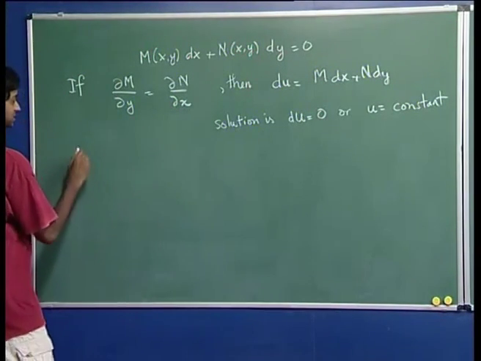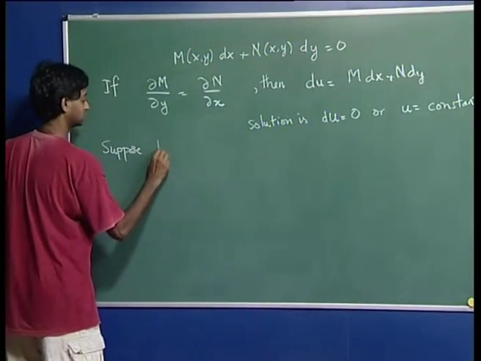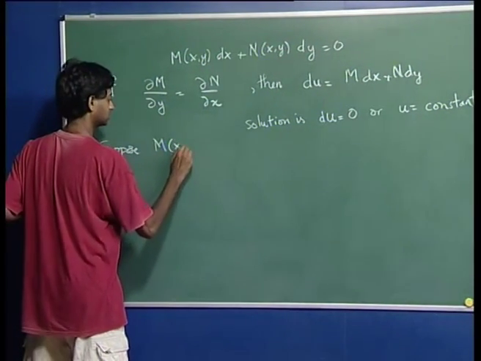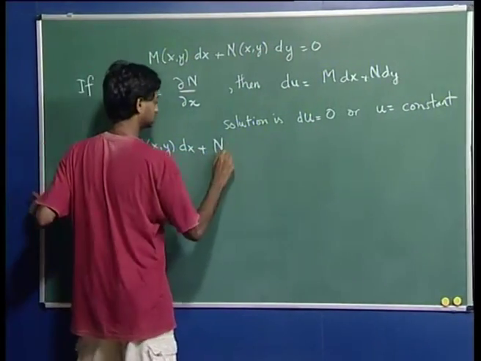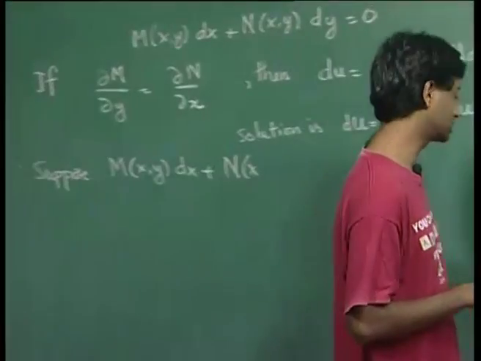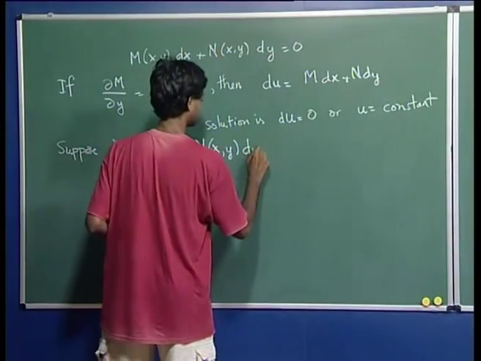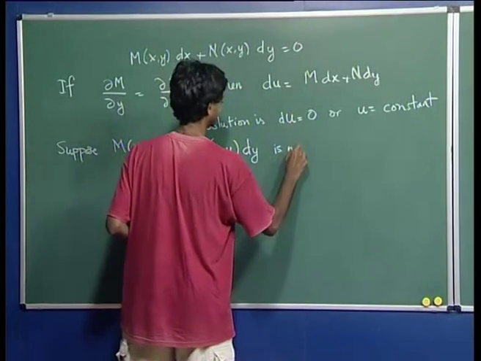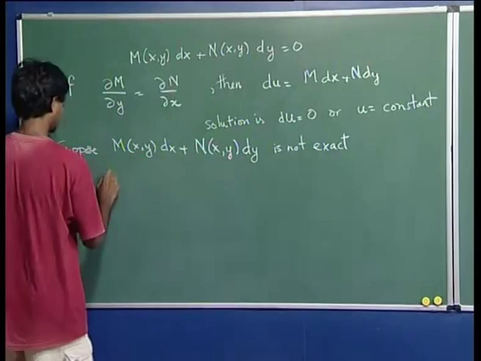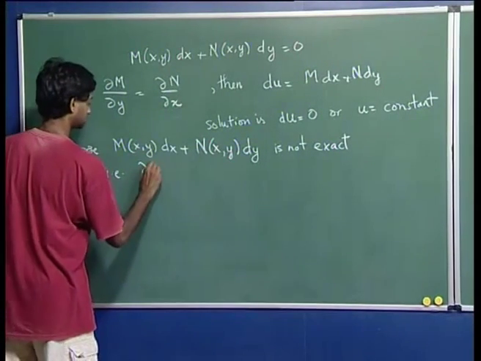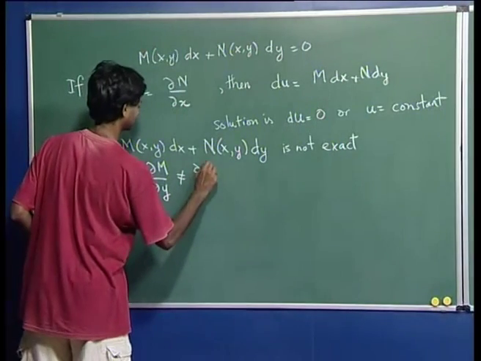Now what happens? Suppose this is not an exact differential, that is, dou M by dou y is not equal to dou N by dou x.